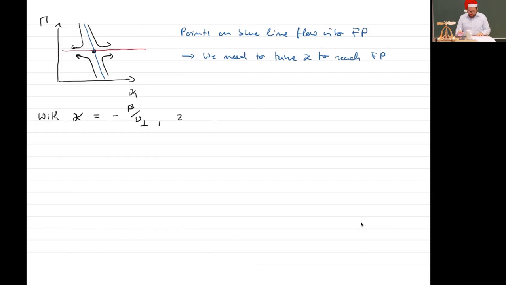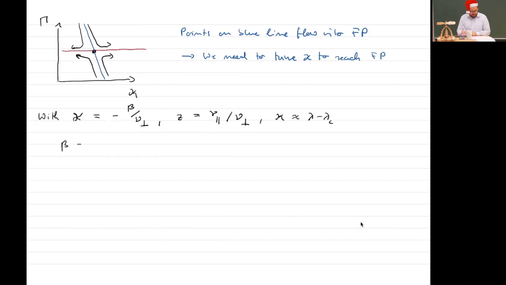The z was defined as the dynamical critical exponent as mu parallel over mu perpendicular. And kappa is our distance to the critical point, lambda minus lambda c. And that's how we called it when we introduced the problem. Okay, and then we just plug these things in and we get these three exponents.